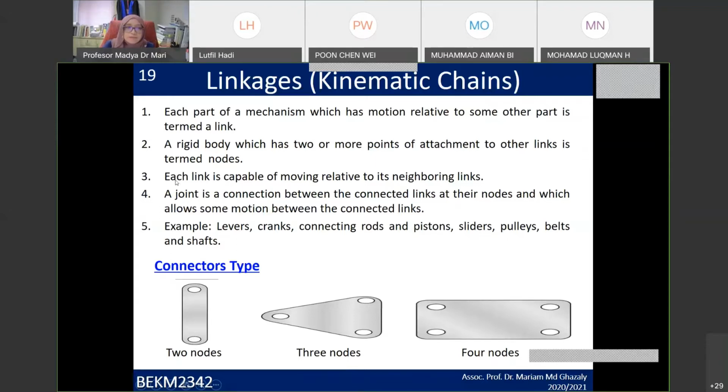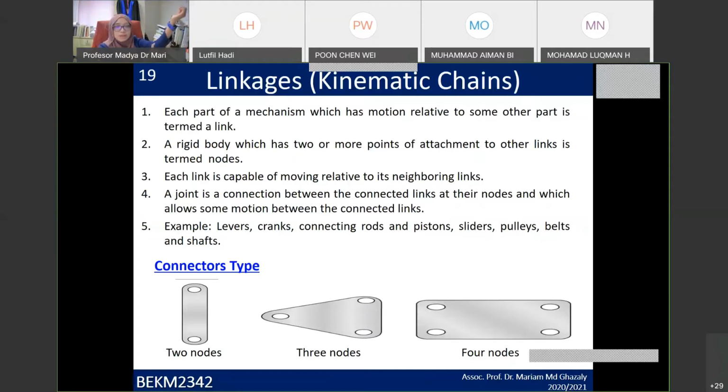Okay? So each link is capable of moving relative to each neighboring link. A joint is connected between the connected links at their nodes, which allows some motion. So at this link here, a joint will be connected here. That joint will actually be the one that moves. For example, your elbow, if you are going to develop a robotic arm, you have this one link, another link, and you have the joint here.